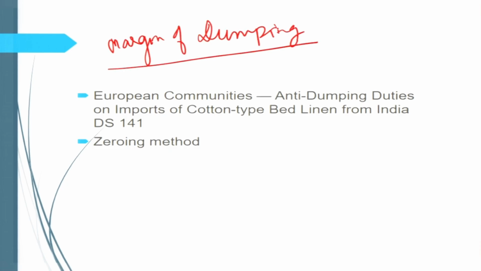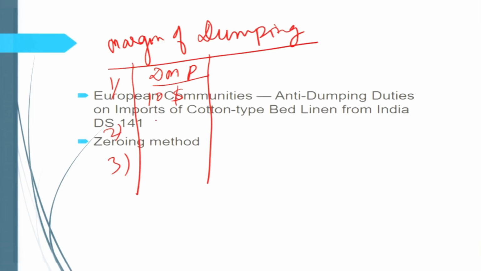Margin of dumping. Now, this is the domestic market price of any product. This stands for, let us say, $10. There are several products here, 1, 2, 3. This is for $12 and this is for $15. These are the domestic market prices.